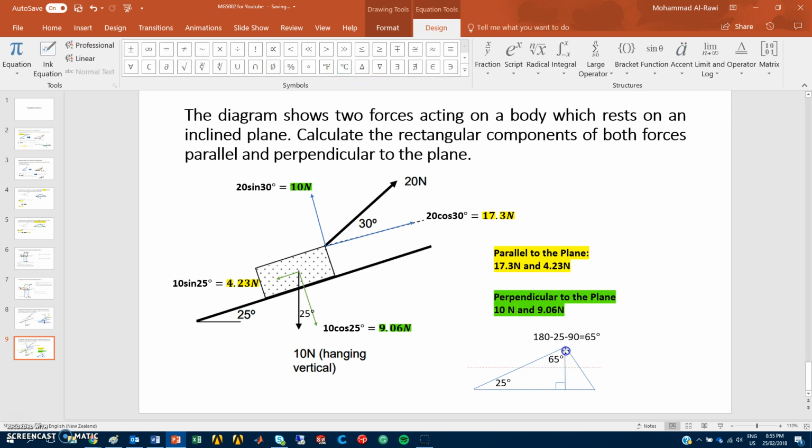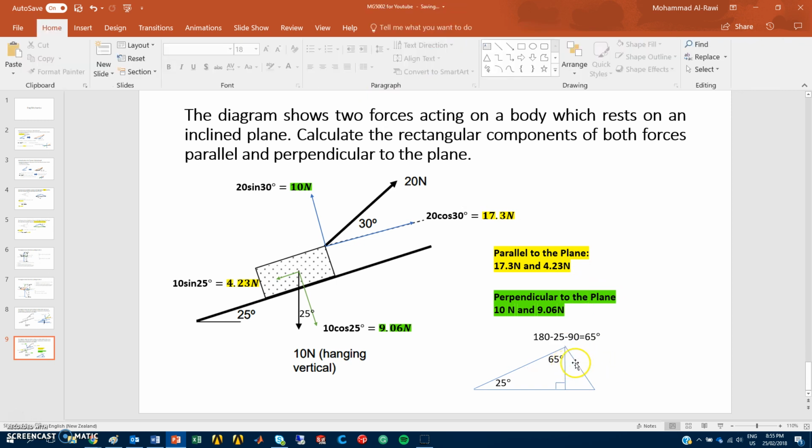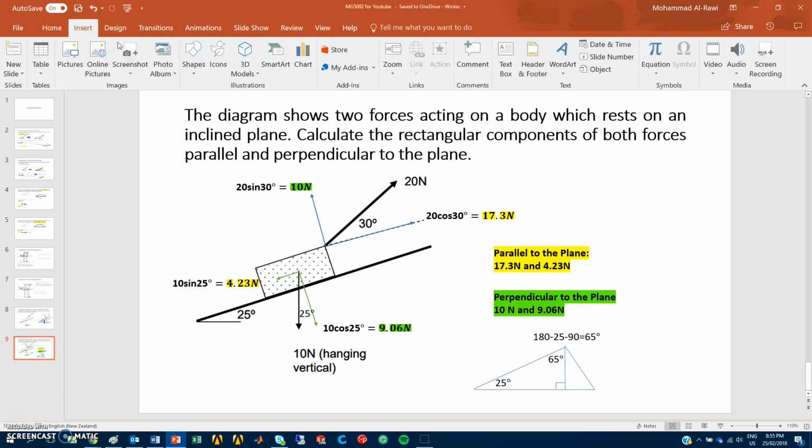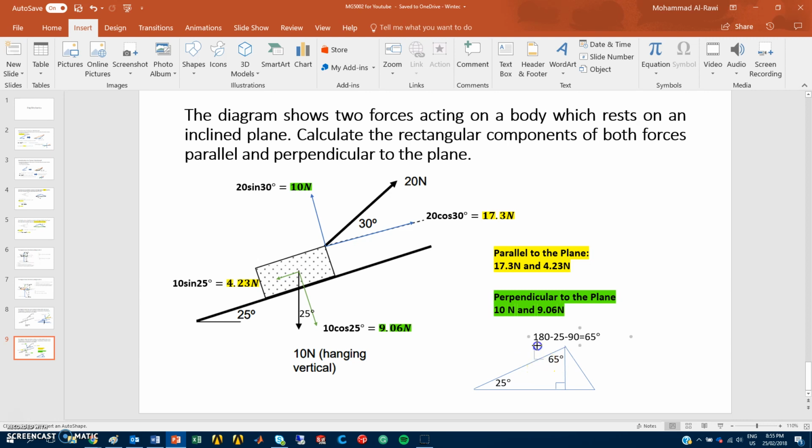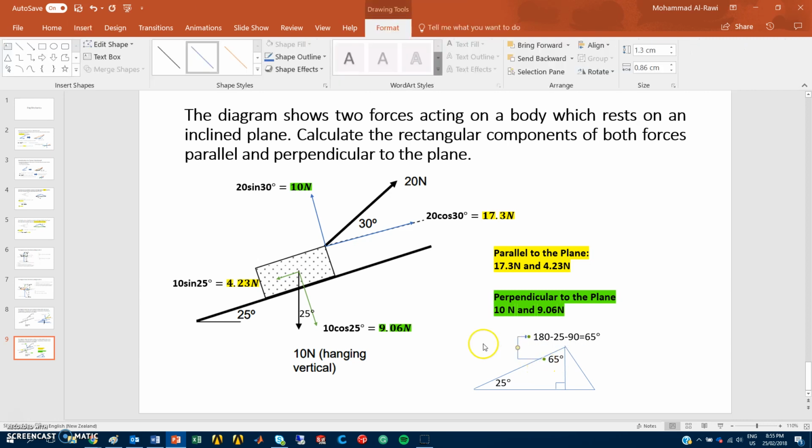Just to make sure: if this is 65, then how can we determine that small tiny angle? Definitely that will be 90 degrees minus 65, which is equal to 25. First, we need to show where we moved from, so from this we move to this equation.